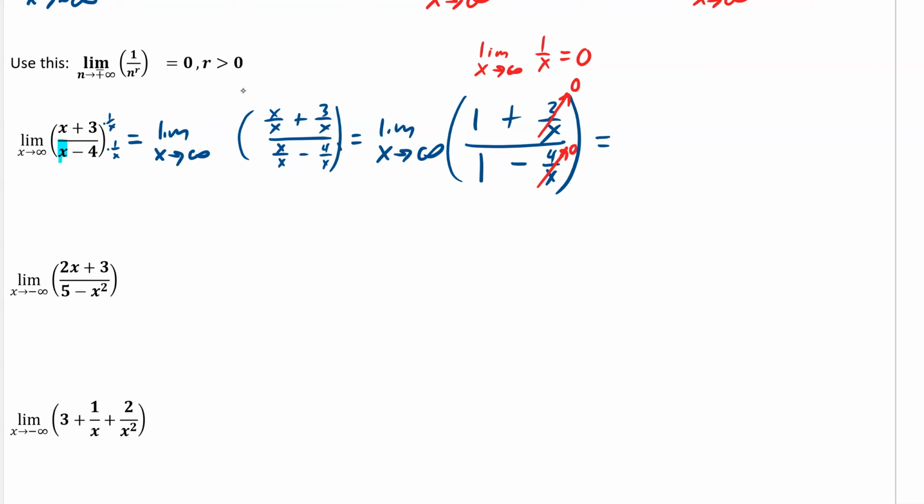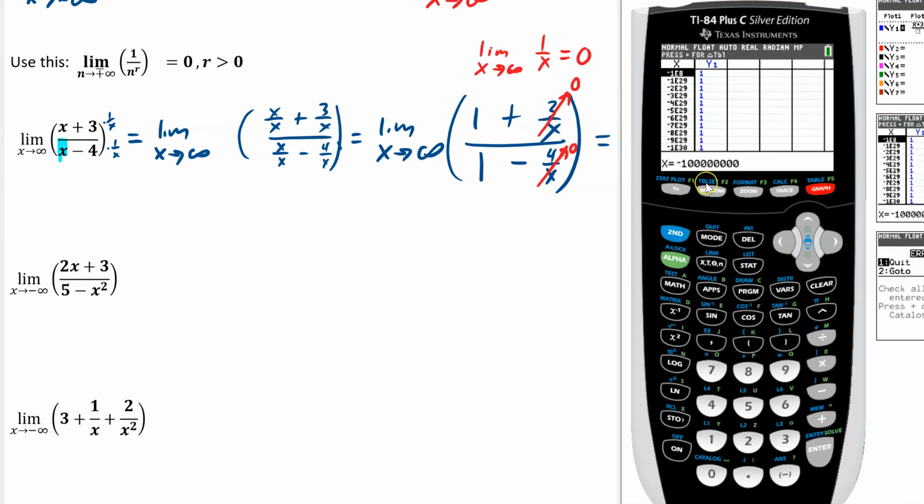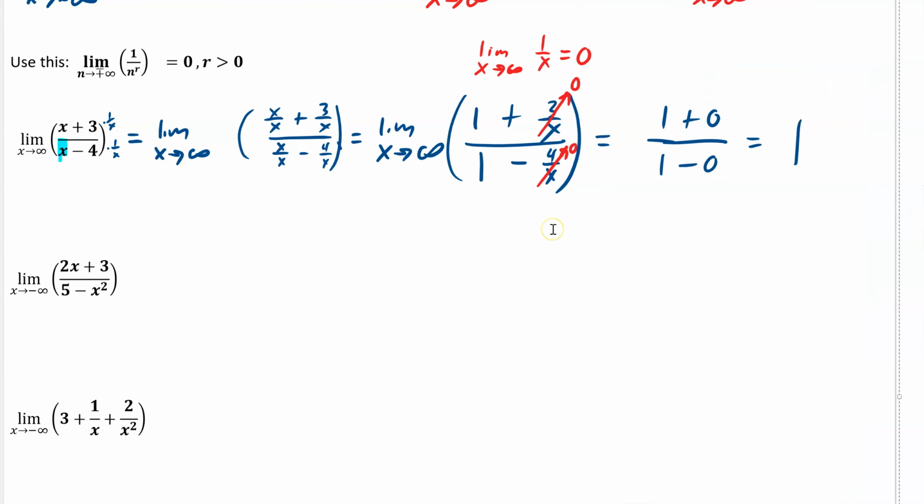And so we end up with now 1 plus 0 over 1 minus 0, which is just 1. So the limit of our function is 1, and we can check it in our calculator. So now I've already got it set, so let's just look at our table, and you can see it's 1. The calculator just zeroes out and says, you know what, it gives up and just says it's 1. And there you go.